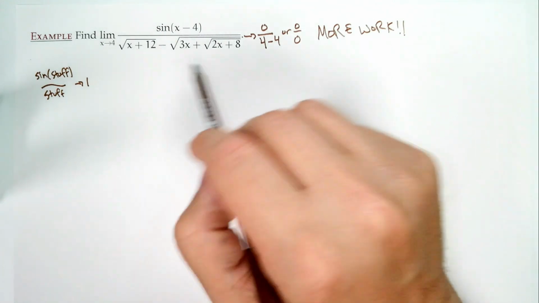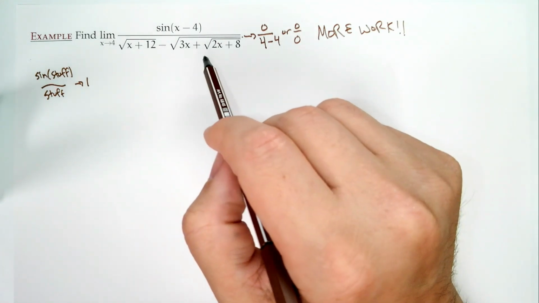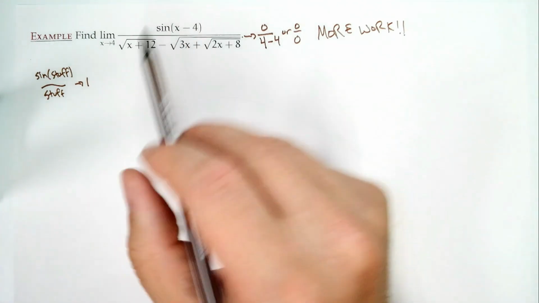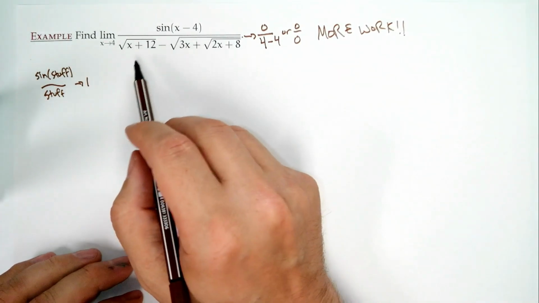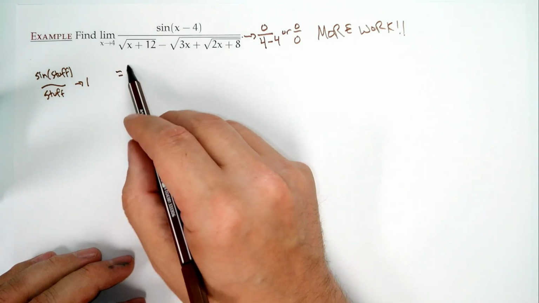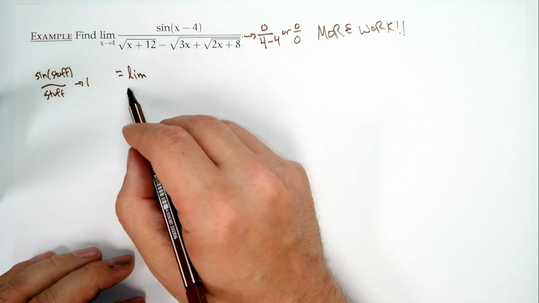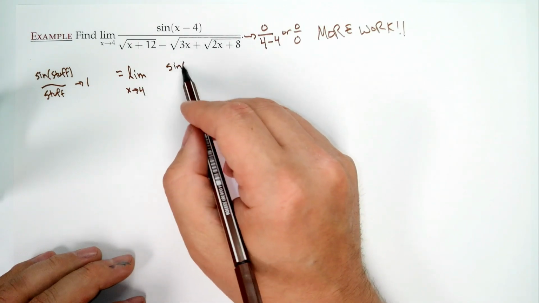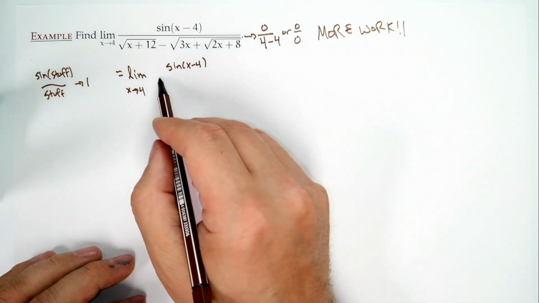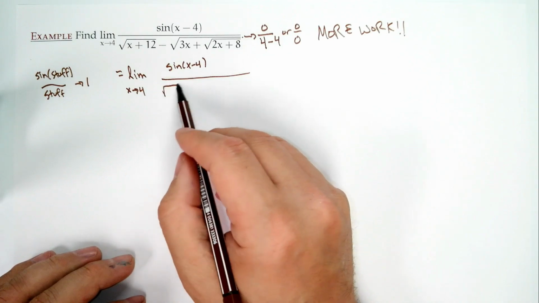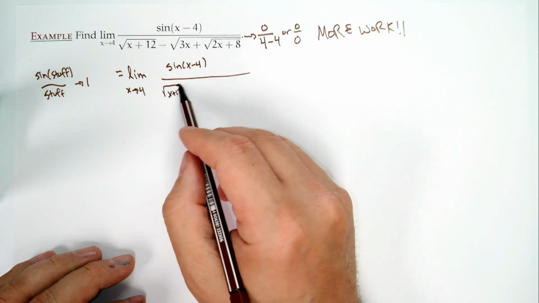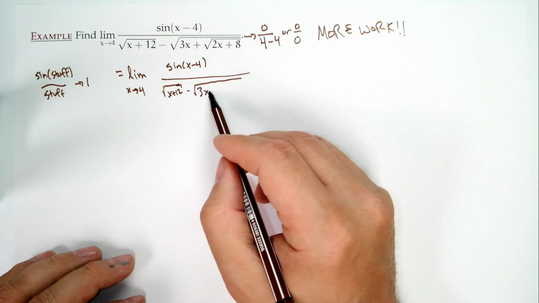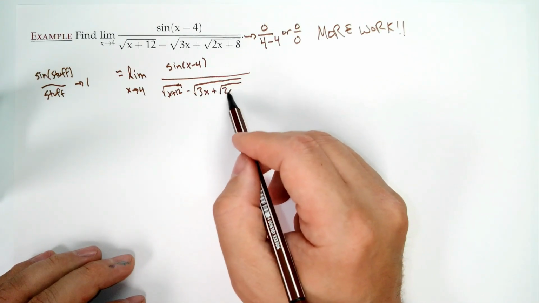Next thing is we really got to get rid of these square roots, and we're going to start doing some gentle massaging, rewriting it. So to get rid of square roots, well, we're going to use conjugation. So limit as x goes to 4, sine of x minus 4, and then we're going to multiply by the conjugate. And the conjugate really is about squaring stuff, and so we're going to get rid of these square roots, or at least some of them anyways.